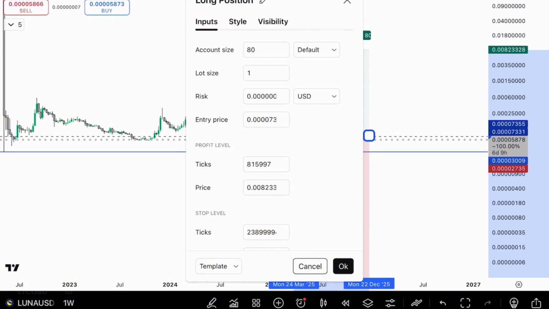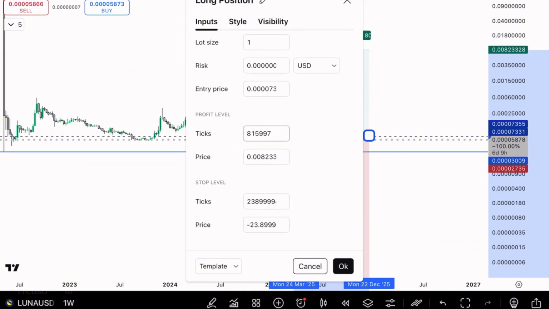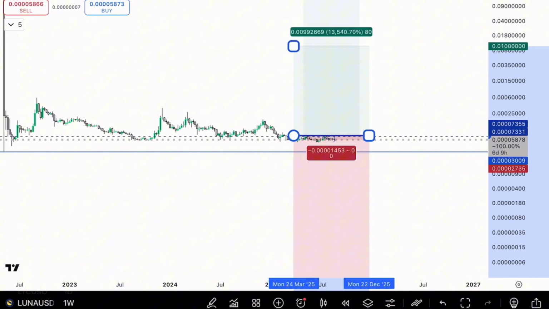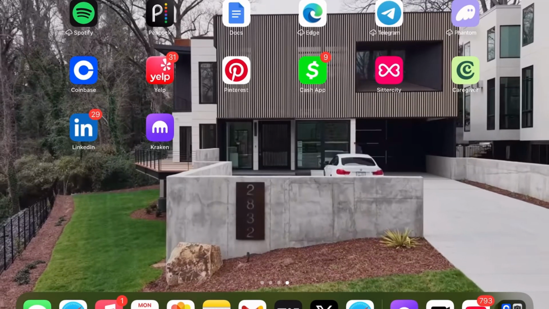Target. Okay, so that's 13,540%. Okay, so if it could hit a penny, so let's go to our little handy dandy spreadsheet.